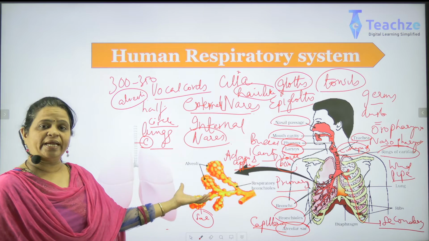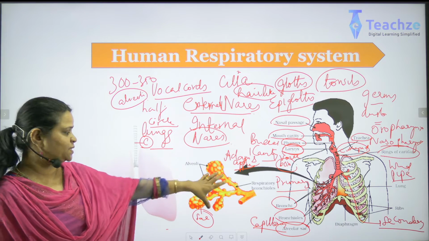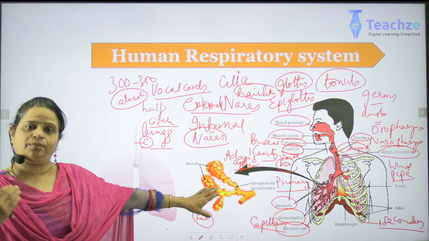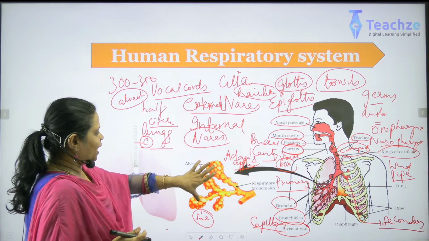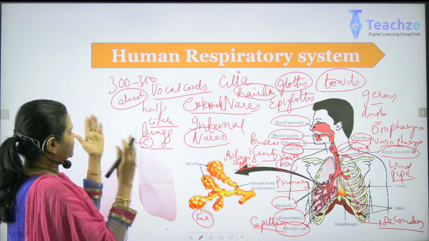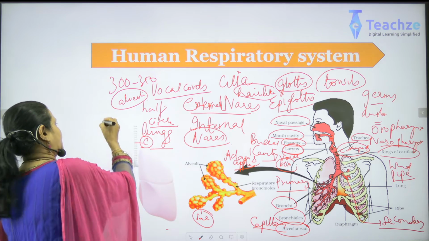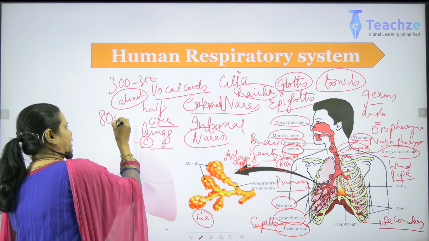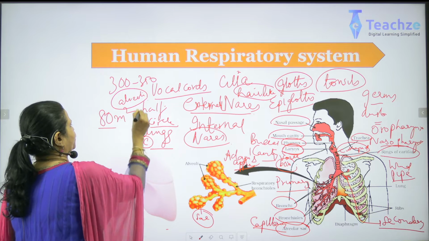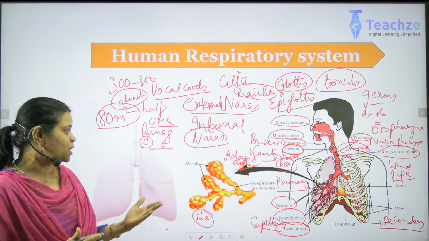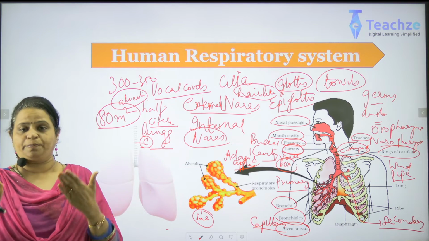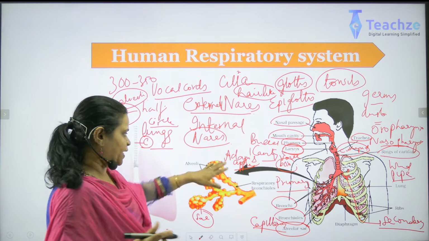Whenever you need a greater surface area, the alveoli also help, just like the villi we have seen in the intestine. If you spread the 300 to 350 alveoli, they can extend across 80 square meters. That means so much platform is present for this exchange of gases.